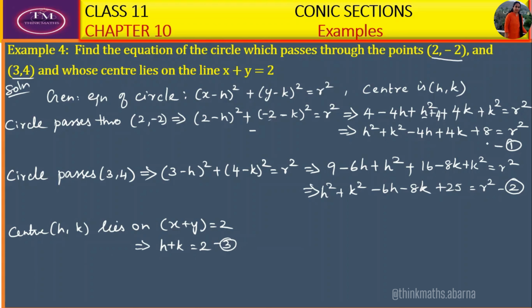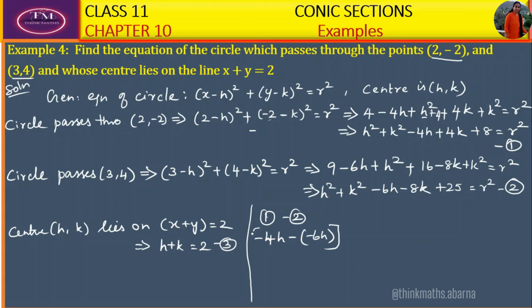Now what I am going to do is subtract 1 minus 2. If you subtract 1 minus 2, this h square and k square get cancelled. So h square minus h square gets cancelled, k square minus k square gets cancelled. Minus 4h minus, you have minus 6h.